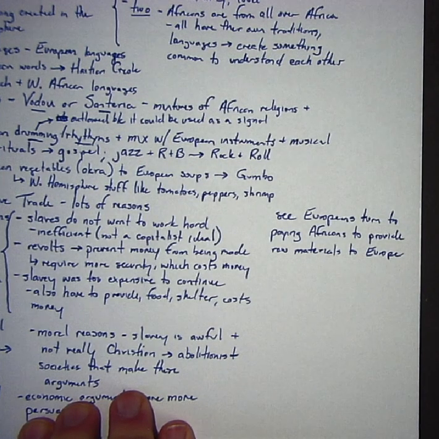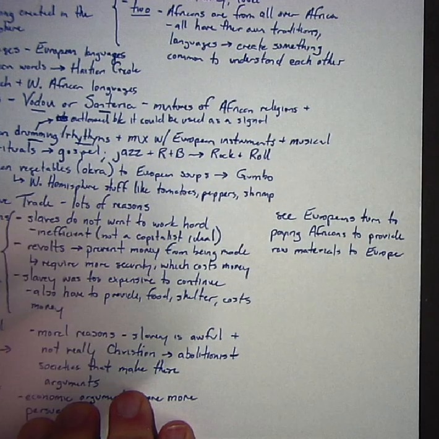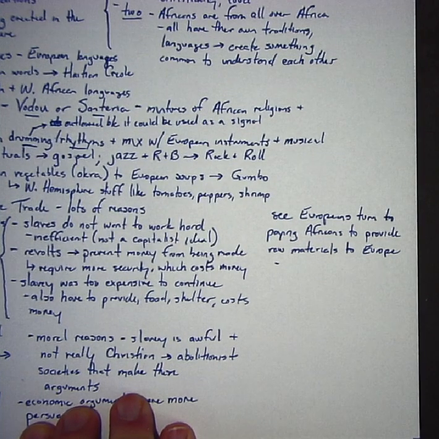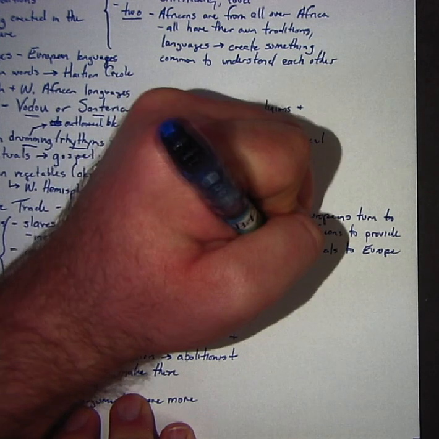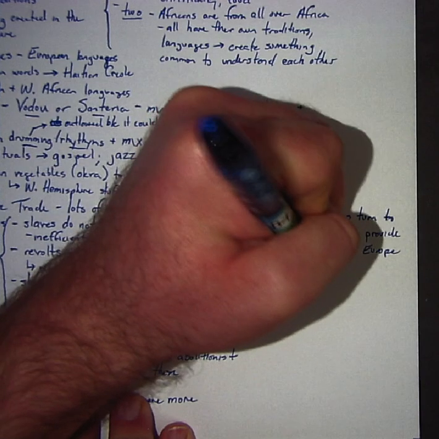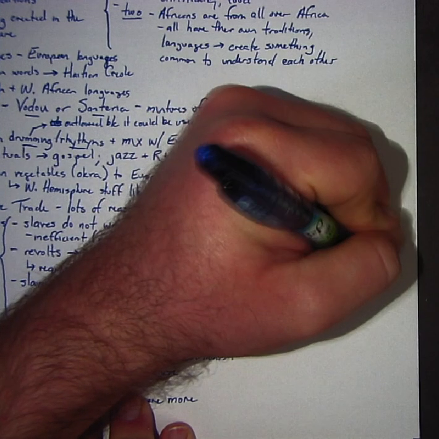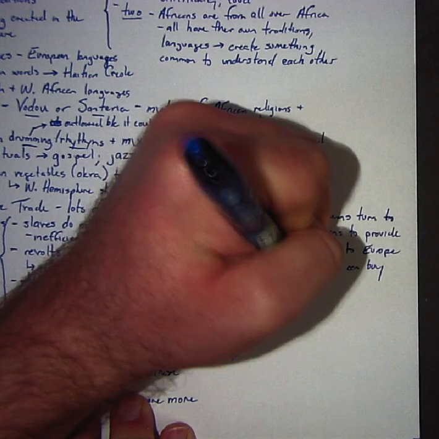That's one of the effects of this. And that actually has an added side benefit, because if you pay the Africans to provide raw materials to Europe, now the Africans can buy European stuff too.